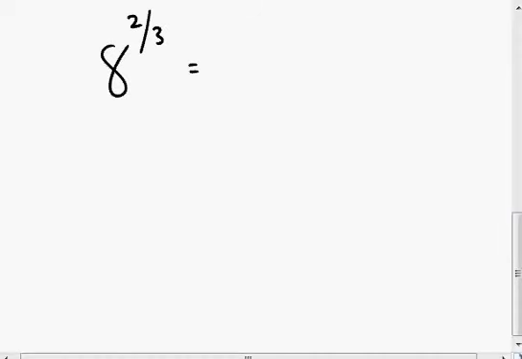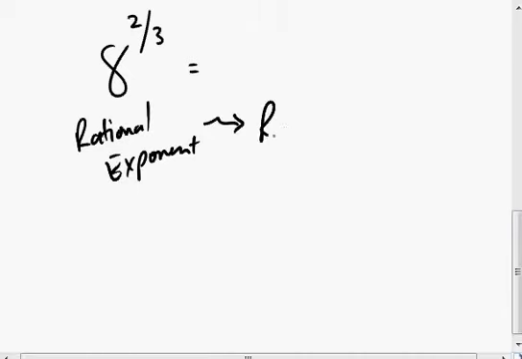So here we have an exponent, right? This is the base. 2/3 is the exponent. And the exponent itself is a fraction. This is called a rational exponent, or a fractional exponent. Now, the first thing that we should understand is you have to be able to convert a rational exponent into a radical, or radical form.